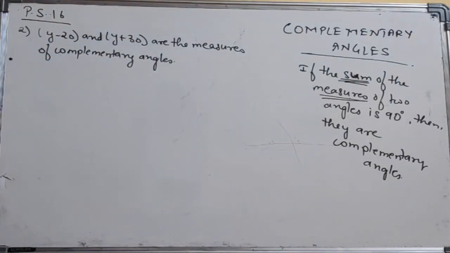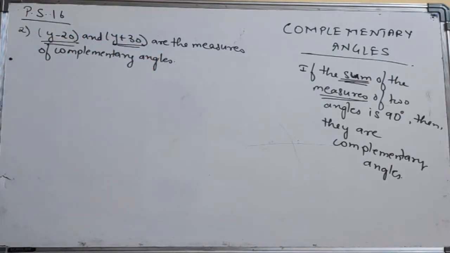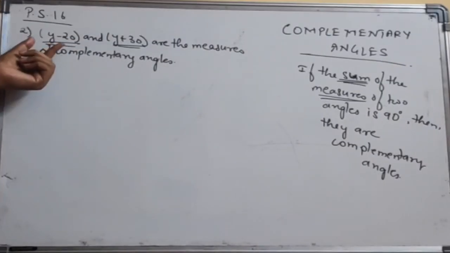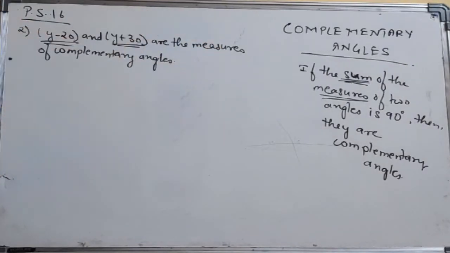Okay, now let us do it step by step. They have said that this and this are the measures of complementary angles. By the definition of complementary angles, the sum of the measures of the angles is how much? 90. So you can say that this angle plus this angle is 90 degree.